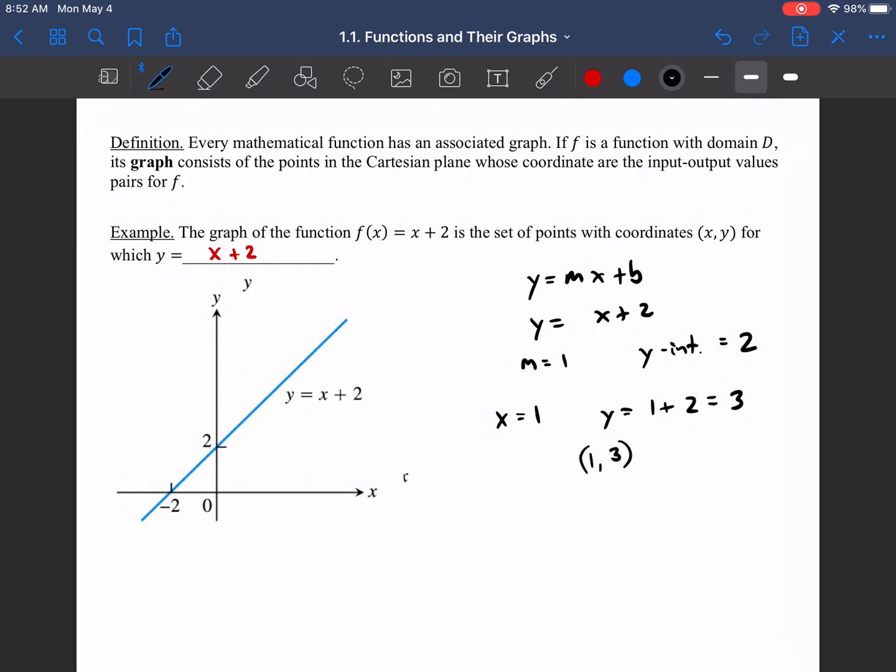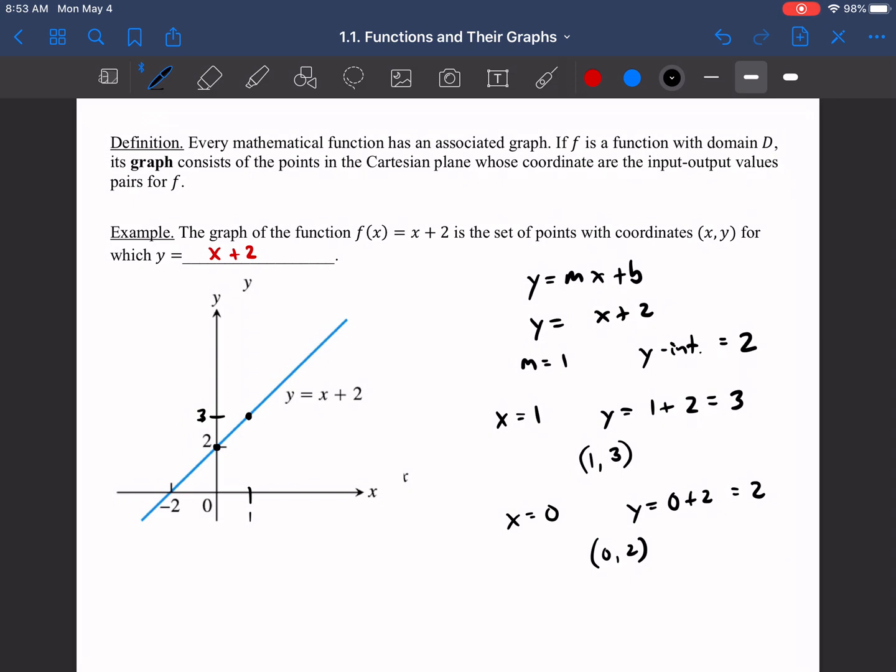We come over 1 and then up to 3, and right here we get that point. We could have also plugged in x equals 0, and you'd get y equals 0 plus 2, which is just 2, and we'd get the point 0, 2, which is also on our graph.